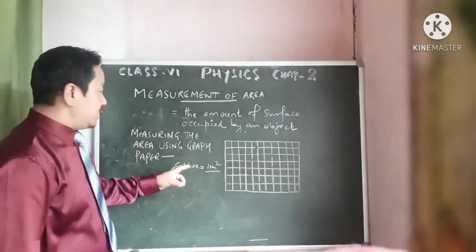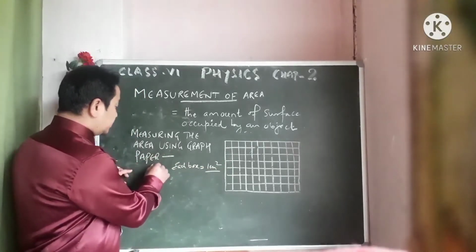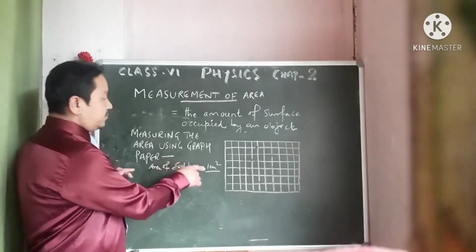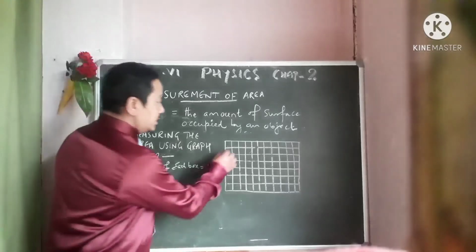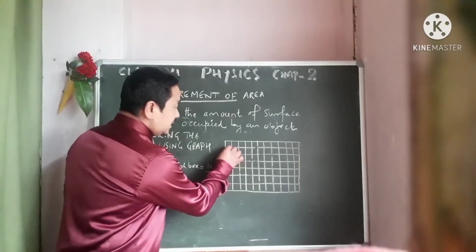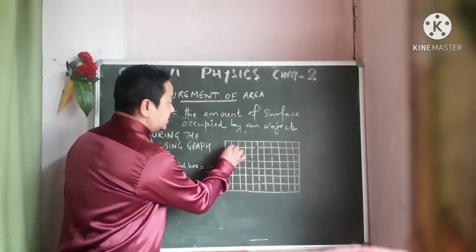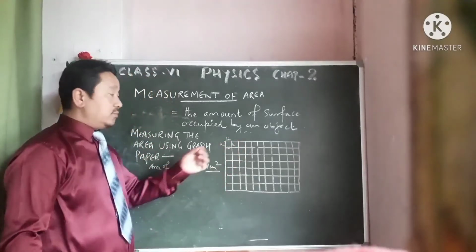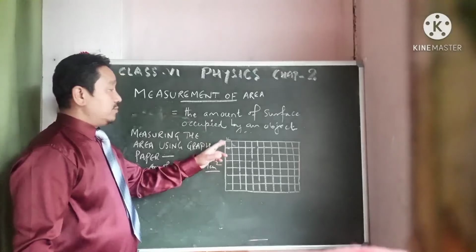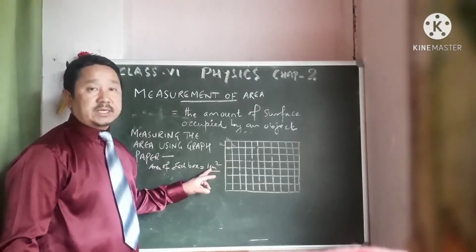The area of each box is how much? 1 square centimeter, which means the length of each side is what? 1 centimeter, 1 centimeter, 1 centimeter, 1 centimeter. Each side of each box measures 1 centimeter.